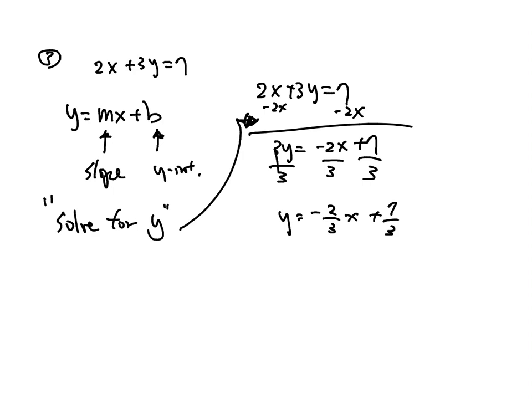From here, since we have y equals mx plus b, we know the slope is negative 2/3, and the b is 7/3.